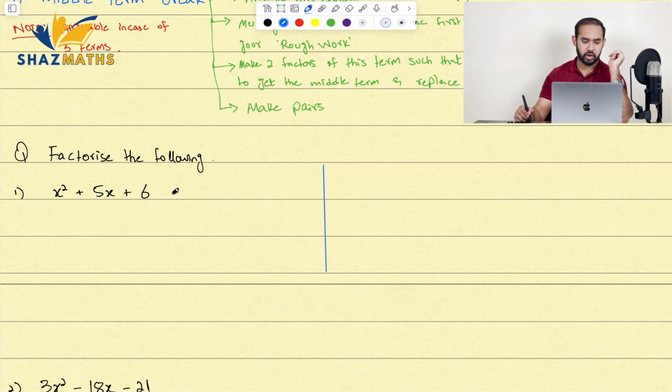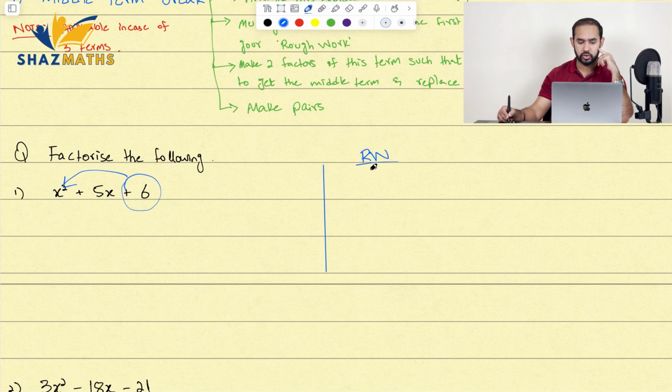I'll look at these 3 terms to see if there is anything common in them, which there is not. So that step is already done. The next step was you'll multiply the third term with the first term and write it down in your rough work.